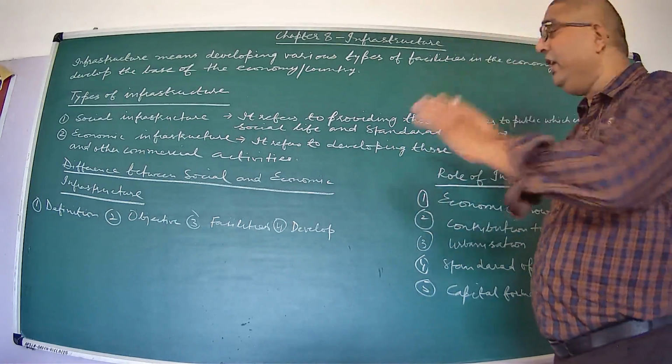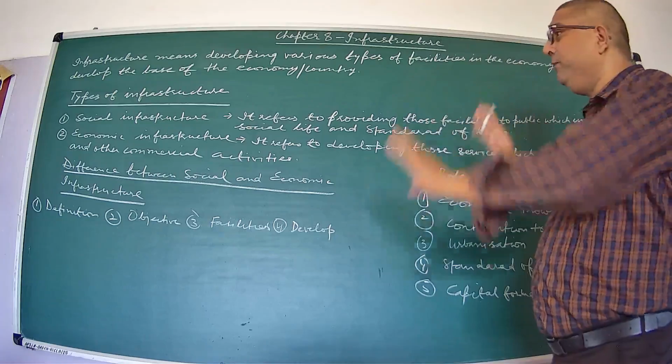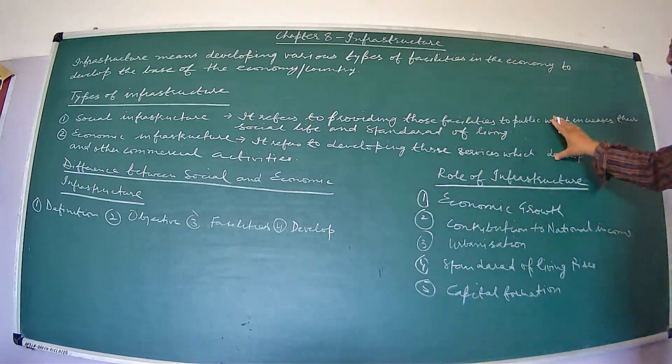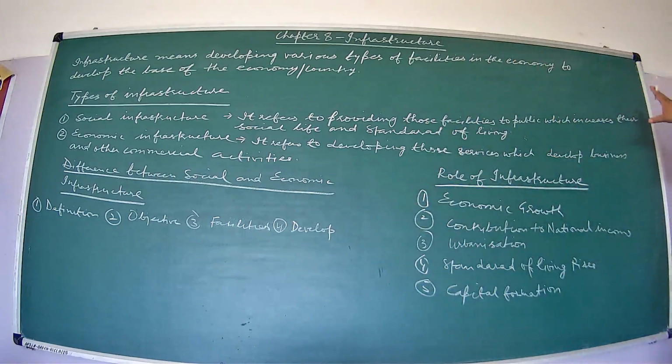That is very, very important for us to study, right? So these are the two types of infrastructure available to the people in the country: social and economic infrastructure.